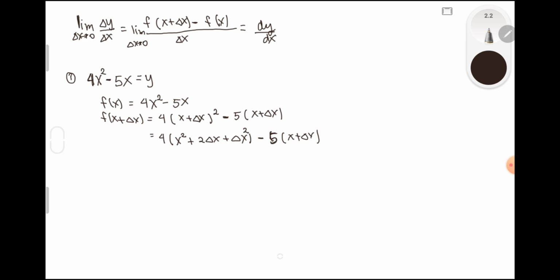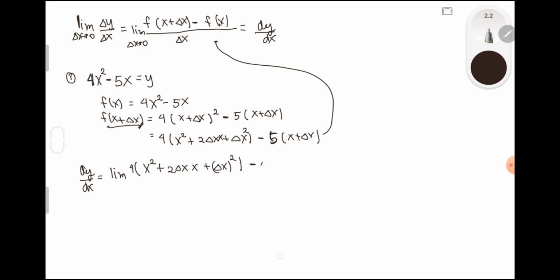So by using our relationship of dy over dx above, using limits to get the derivative of any function, we may say that dy over dx is equal to the limit of our f of x plus delta x, which is 4 multiplied by x plus delta x squared minus 5 times x plus delta x.